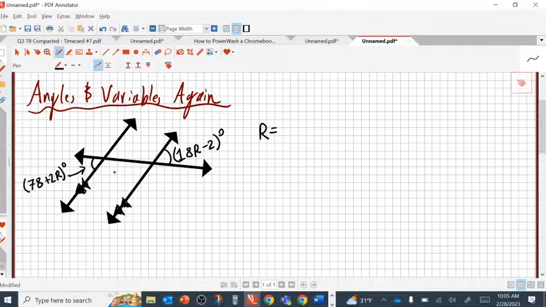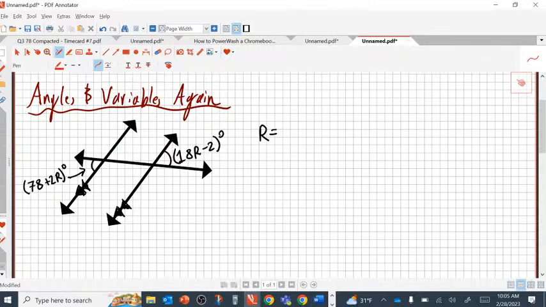Watch this, guys. This angle has to be the same as this angle because when you have corresponding angles on parallel lines, they're congruent, right? But that means that this angle has to be the same as this angle. So it turns out that these two angles don't add up to 180, they are equal.